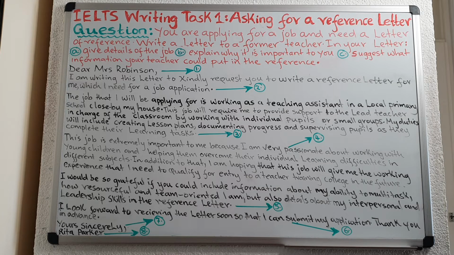Before we get into the question, I would like to give you some really important information about IELTS Writing Task 1 for the GT students. Now remember to always spend about 20 minutes writing your Task 1. That means that you have 40 minutes to write your Task 2.